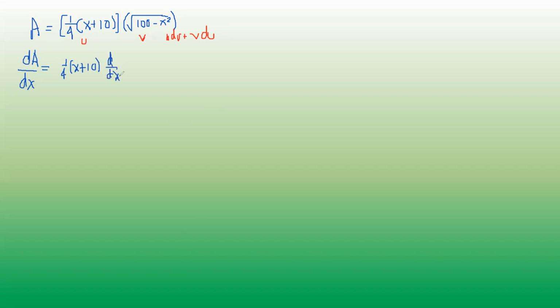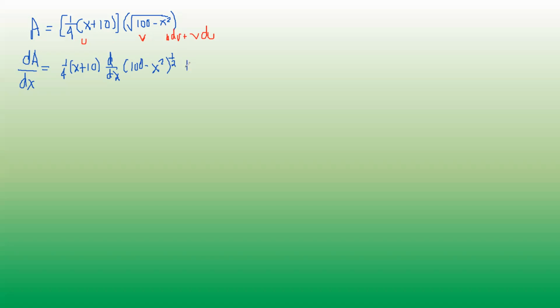Derivative of, ayusin ko na to ha. Itong square root, pwede natin gawing 100 minus x squared. Raised to 1/2 na siya, no? So, ayan yung katumbas ni square root.